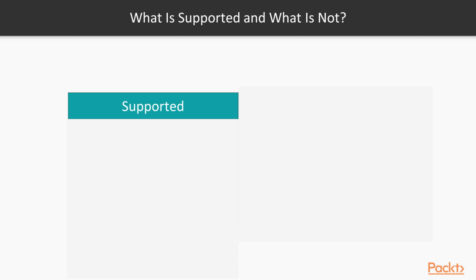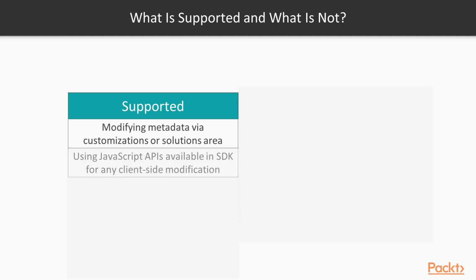First, we'll talk about supported customizations. Modifying any metadata via the customization or solutions area is supported. So basically everything that we are going to touch upon in this video course is all supported. Nobody talks about unsupported customizations. The second thing is using JavaScript APIs available in the SDK for any client-side modifications.